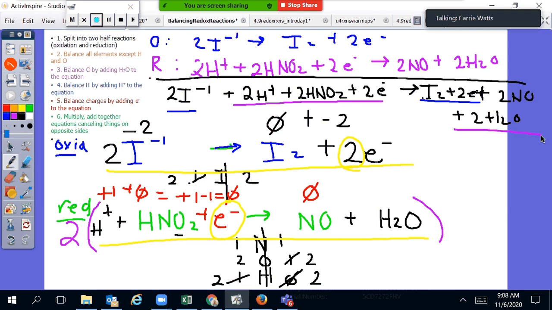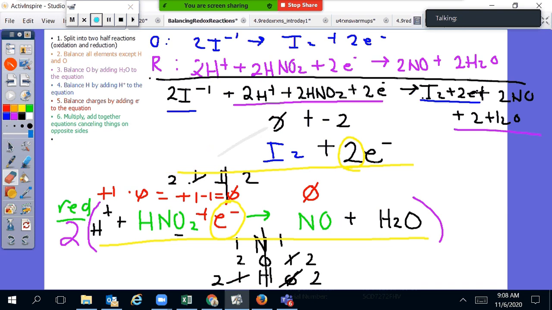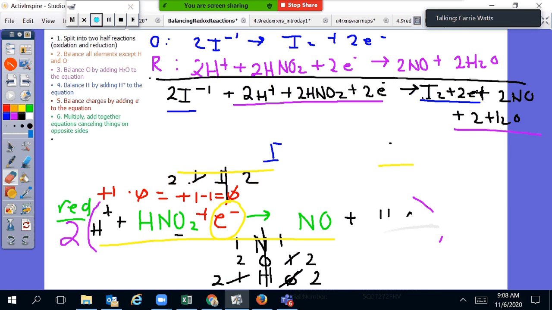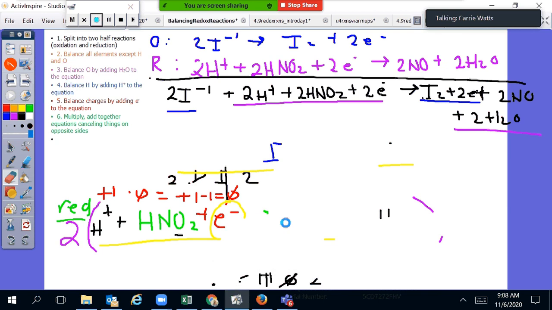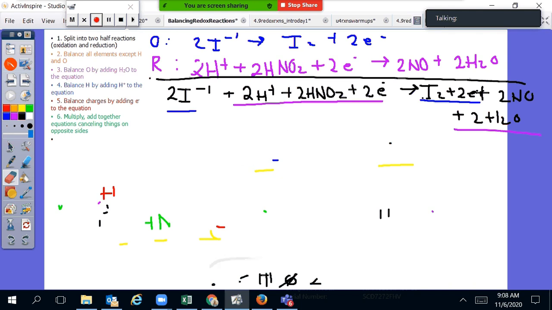Now I'm going to get some more room down here, if you don't mind. And now we've got to cancel out things on the opposite side, and then we're going to write our final equation. Let's see what we can cancel out.